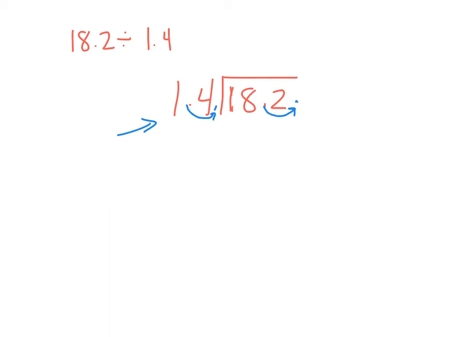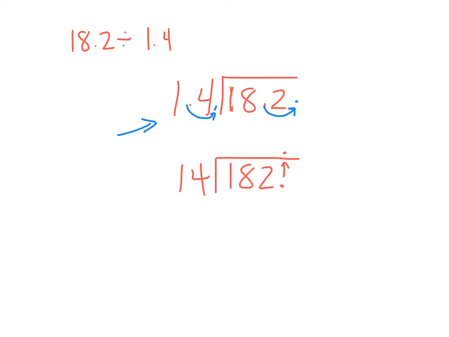So then, we start fresh. I'm just going to rewrite it below it. Now I have 182, keep that decimal there, divided by 14. Because regardless, I have to put my decimal place straight up. That's what my next step says. Then I can start dividing normally.